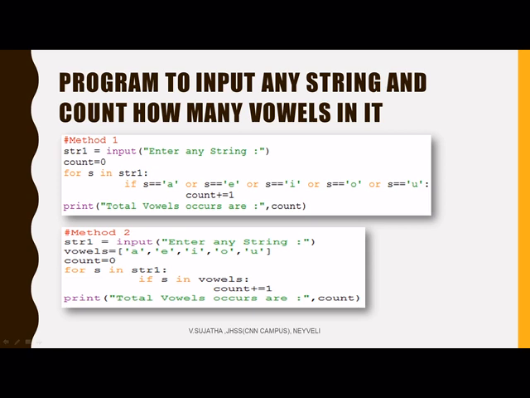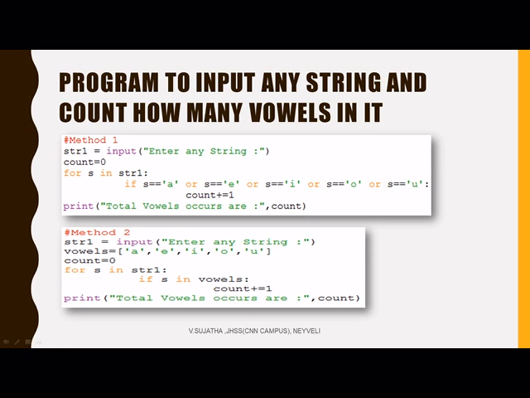Instead of directly checking whether the character is A, E, I, O, U, I am giving all the vowels in a list. You already know that a list is a collection of characters or numerals enclosed within square brackets.